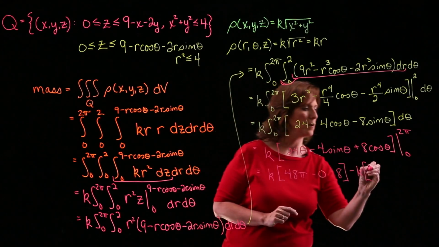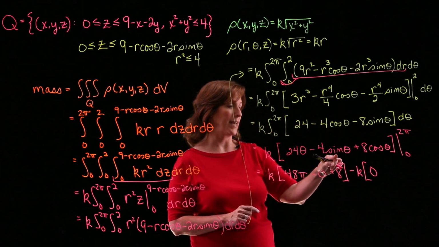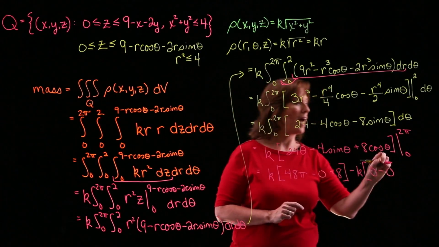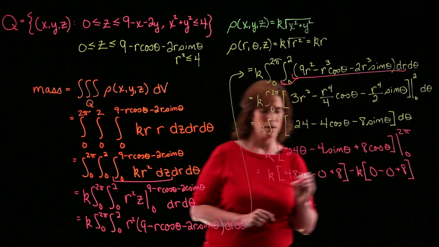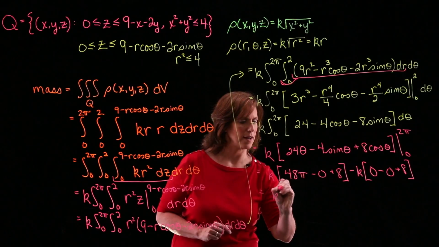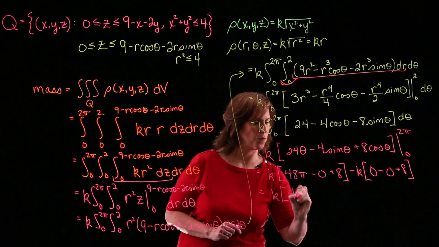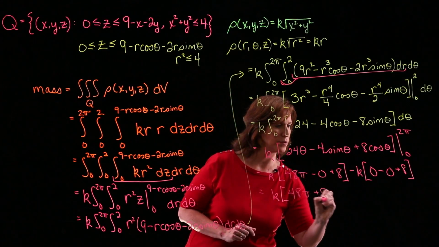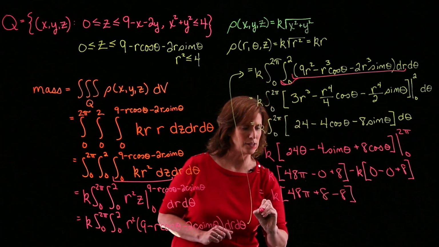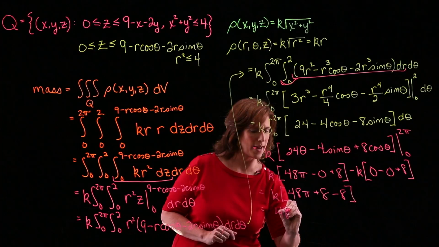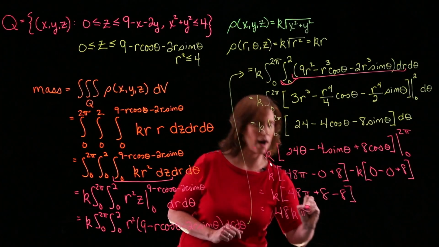This will be a 0. The sine of 0 is again 0, so that'll be minus 0. And the cosine of 0 is 1, so I'll be adding an 8. So altogether, k times the quantity, 48 pi plus 8, and then I'll also have a minus 8. And so I end up with 48 k pi for my mass.